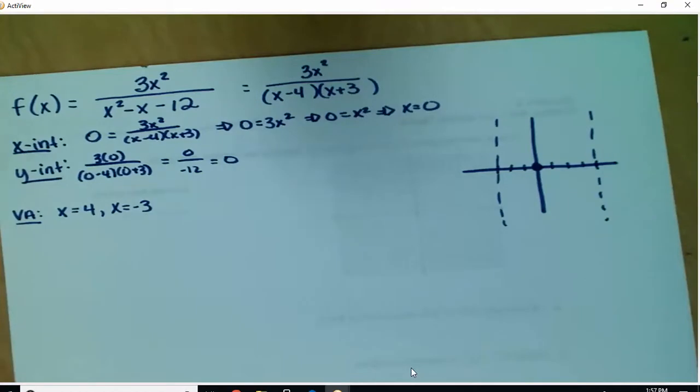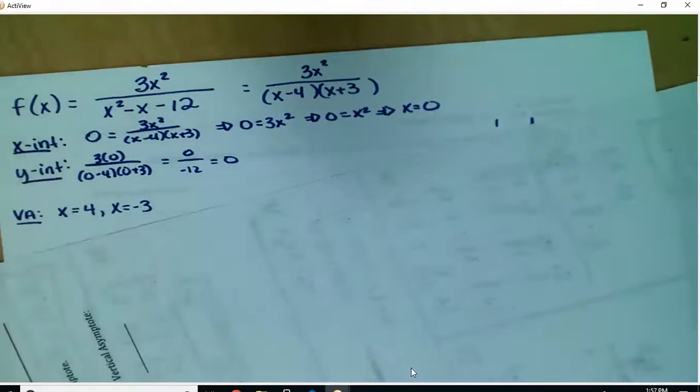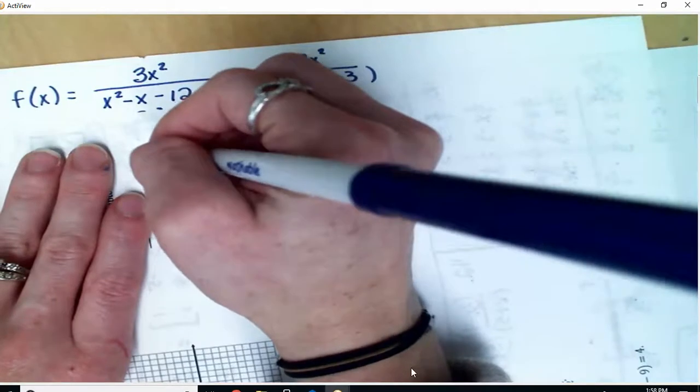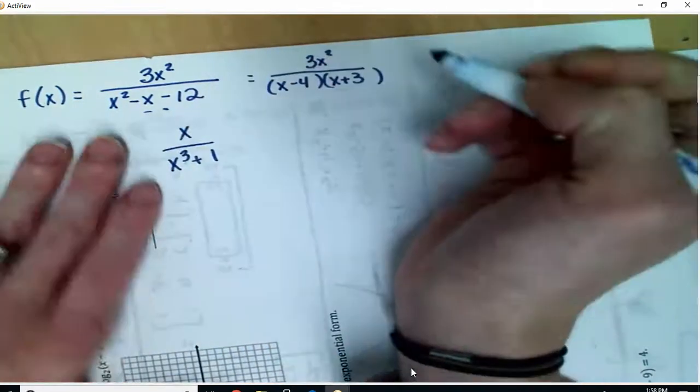They really all have to do with long division. If it won't confuse you, I'll kind of explain why they are. If I gave you like x over x cubed plus 1, you just follow those rules. The degree on top is smaller than the bottom, so it should be y equals 0.